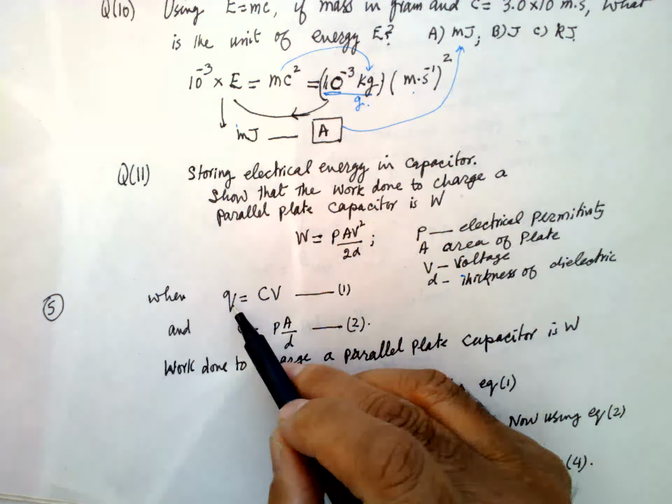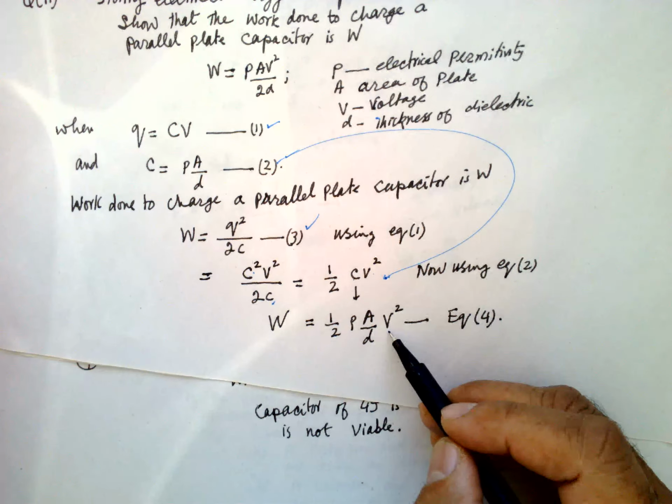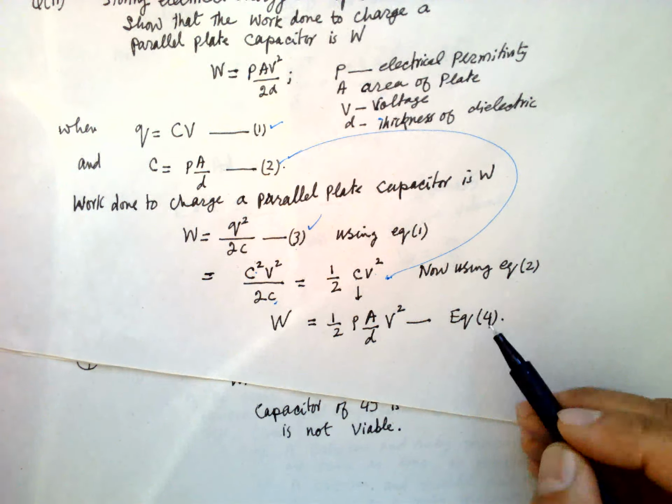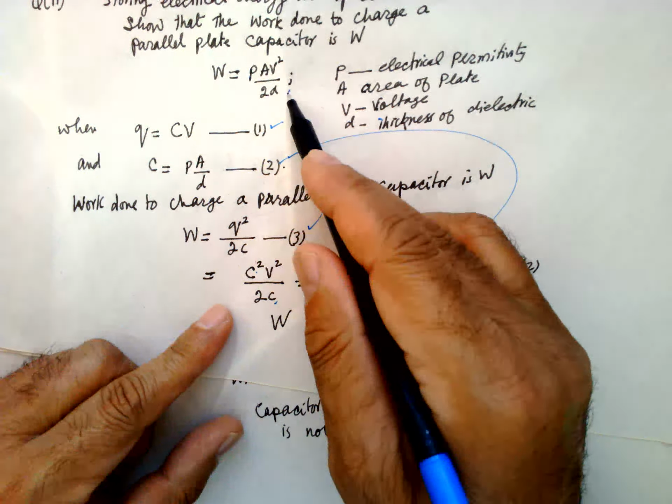Now using equation 1, we substitute Q, so we have an expression equal to half CV square. Now using equation number 2, C is P area over thickness, so 1 over 2 P area over thickness into V square. This is equation number 4, which is the required equation, equal to P A V square over 2D.